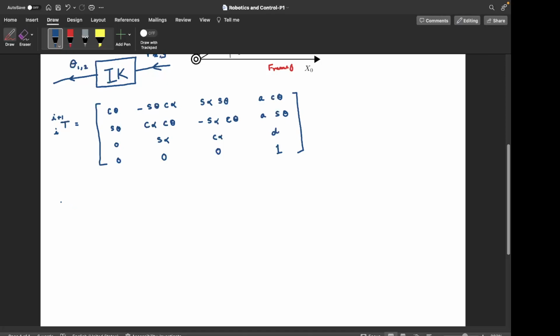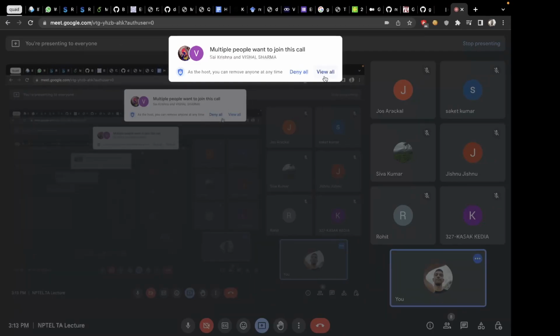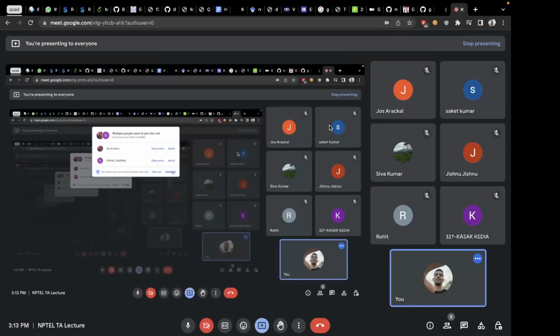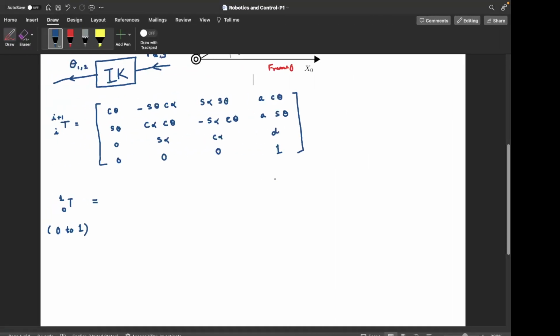So transformation matrix from 0 to 1, let me write it also, 0 to 1. Right.